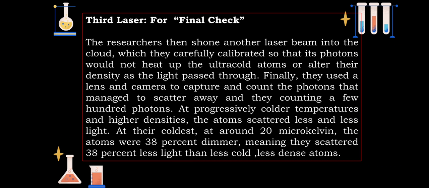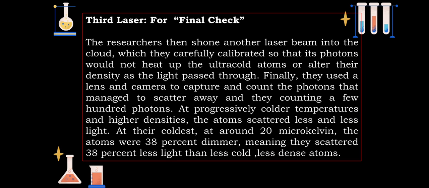Then, the third laser for final check. The researchers then shone another laser beam in the cloud, which they carefully calibrated so that its photons would not heat up the ultra-cold atoms or alter their density as the light passed through. Finally, they used a lens and camera to capture and count the photons that managed to scatter away, counting a few hundred photons.